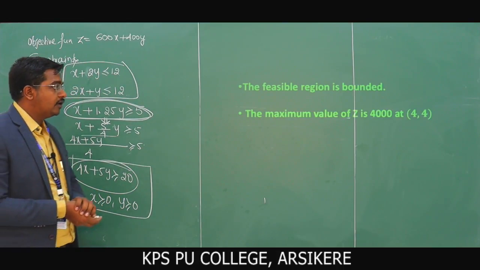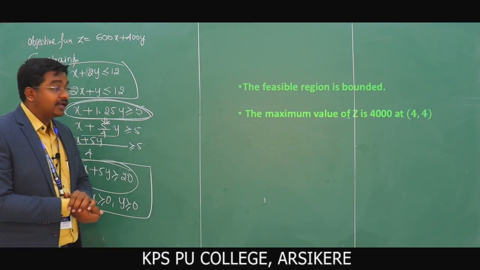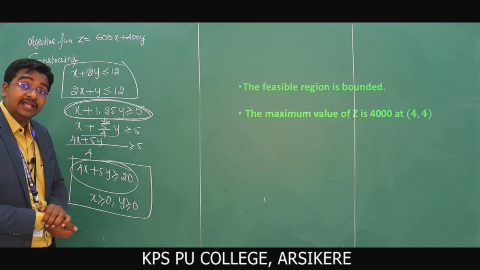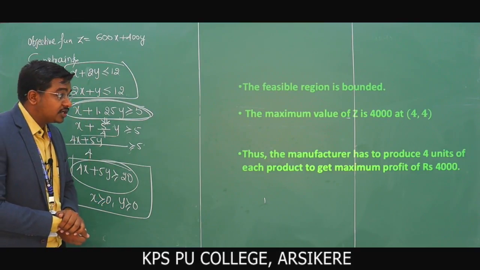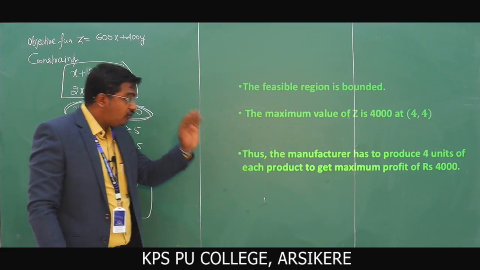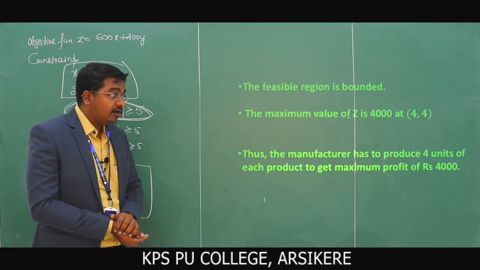Next. The maximum value of z is 4000, which is attained at the point x equal to 4 and y equal to 4. Thus, the manufacturer has to produce 4 units of each product to get a maximum profit of 4000.